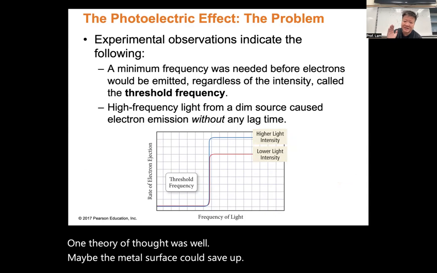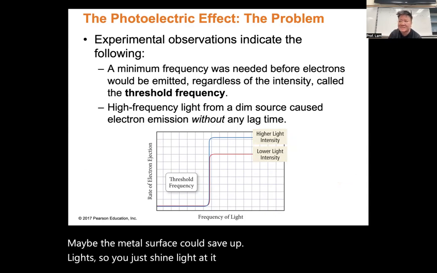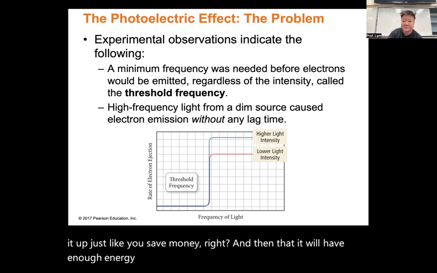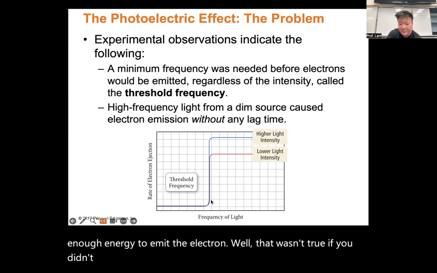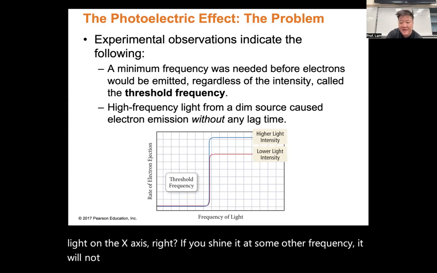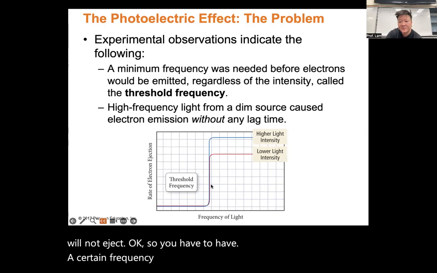So if you just shine light at it for a really long time, it can save it up, just like you save money, and then it will have enough energy to emit the electron. Well, that wasn't true. If you didn't shine light of the correct frequency, so here's frequency of light on the x-axis, if you shine it at some other frequency, it will not eject. So you have to have a certain frequency of light for the electron to eject.